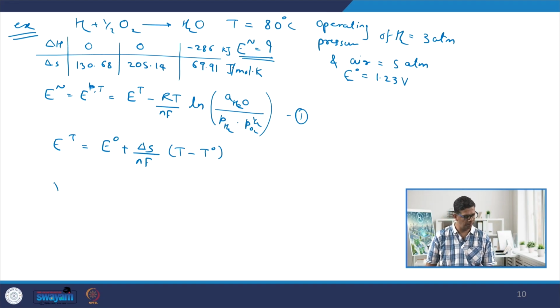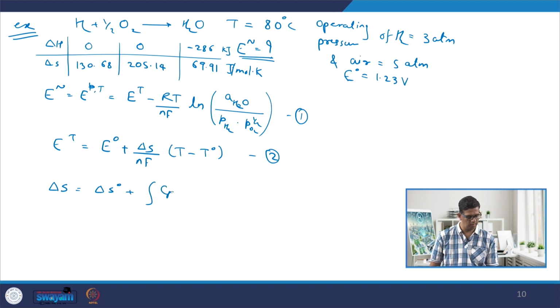Let us call this equation 2. And this entropy is nothing but the entropy change plus the integration of heat capacity as a function of temperature divided by temperature times dT, varying from T naught to T.